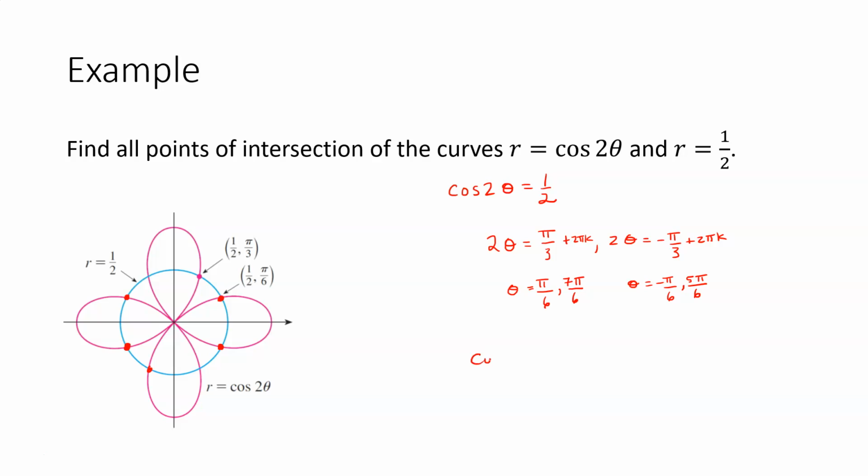So what we can do is set cosine of 2 theta equal to negative 1/2, and that'll give us some more solutions.